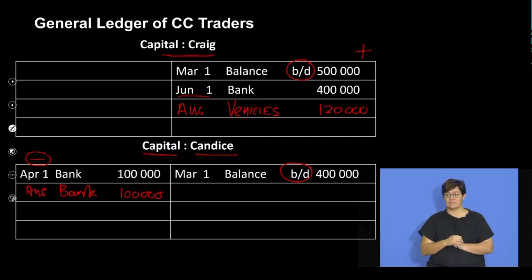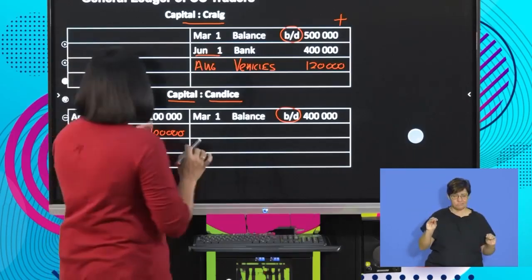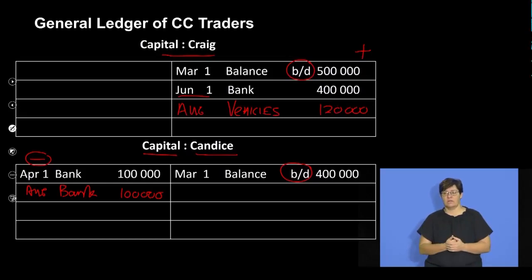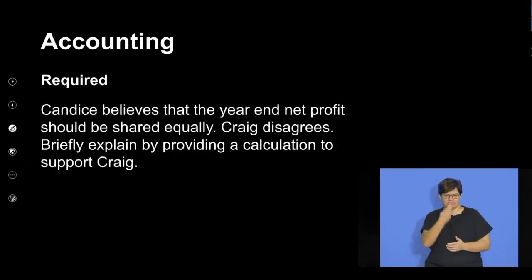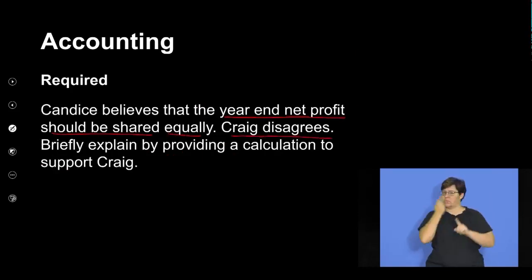Okay. Right, that was pretty much straightforward, recording the additional transactions, but let's move on now to some analysis and interpretation. Candace believes that the year-end profit should be shared equally. Craig disagrees. Briefly explain by providing a calculation to support Craig.